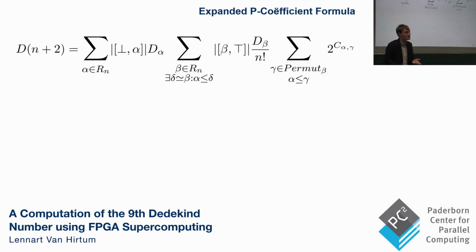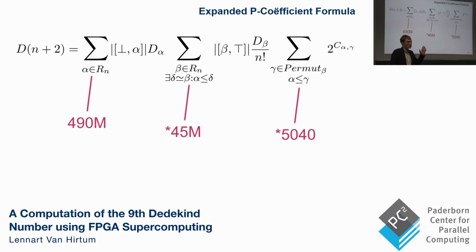And this 50% speed up was really, really important to get it feasible, because still, it was a very long project. Just to illustrate the total amount of work we have to do, we start for these alphas with 490 million equivalence classes in 7 variables.